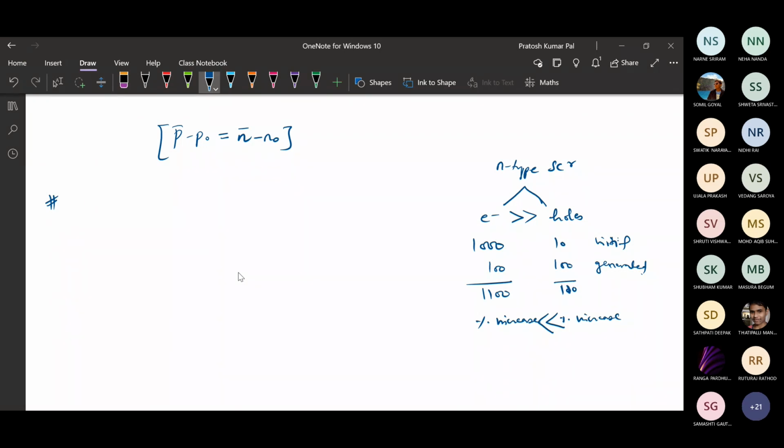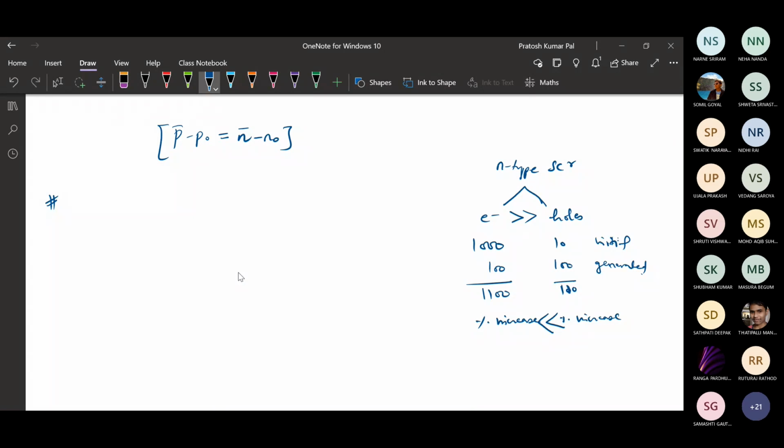One point we need to mention here is that once we agitate an n-type semiconductor with thermal agitation, the thermal energy will not increase the electrons by a sufficient amount.